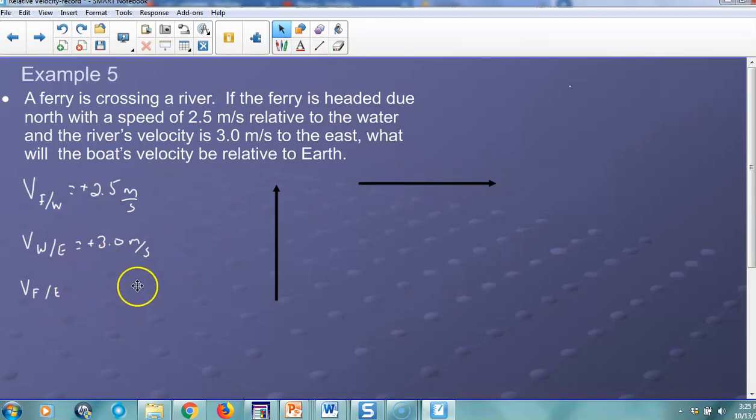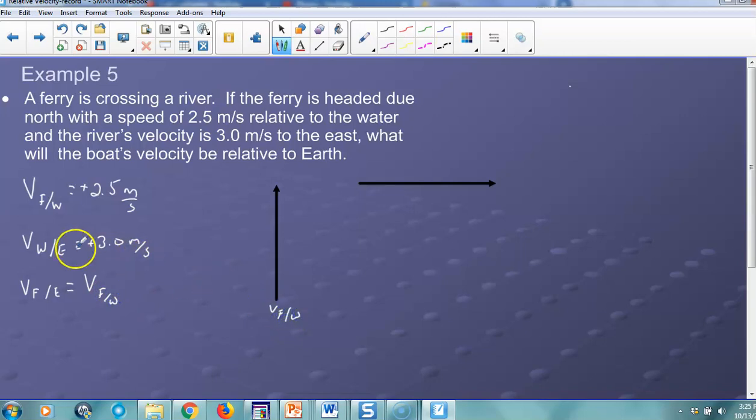So let's check our notation system first, make sure we don't have to reverse anything. So velocity of ferry relative to Earth is going to be, start with ferry, velocity of ferry to water, and this is the velocity of water to Earth. So plus velocity of water to Earth.